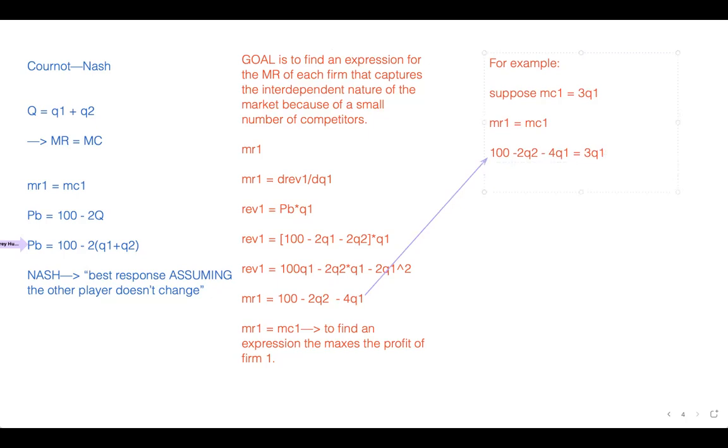Okay, so now solve for Q1, and I'll just take some intermediate steps, so hopefully you all can agree with my algebra. I'll say 7 Q1 is equal to 100 minus 2 Q2. Okay, that looks good, I guess.